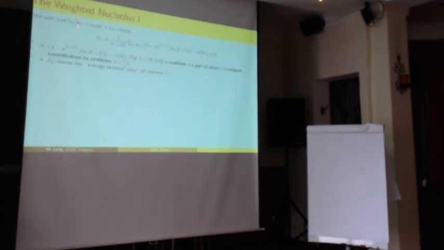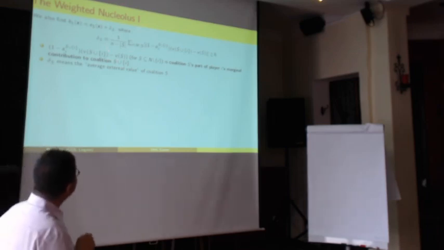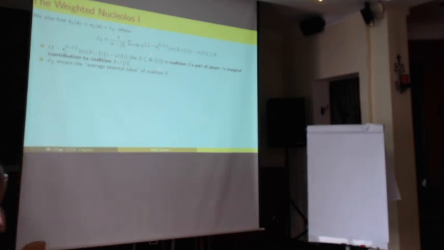Next, I have this definition. This is delta. Delta is 1 minus alpha times this marginal contribution. Alpha times this marginal contribution is selfishness, so this is what player I wants to get.